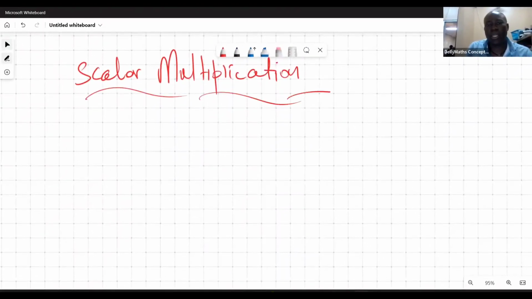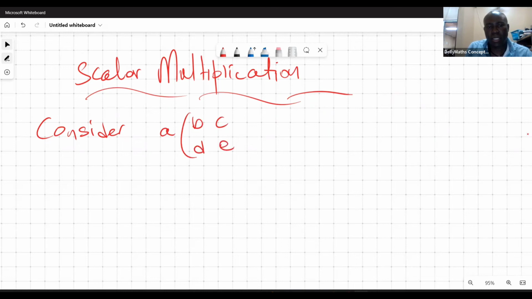All right, so in scalar multiplication, let us consider A times B, C, D, E. Now, basically, in scalar multiplication, anything that is directly outside the matrix will be used to be multiplied by everything inside.